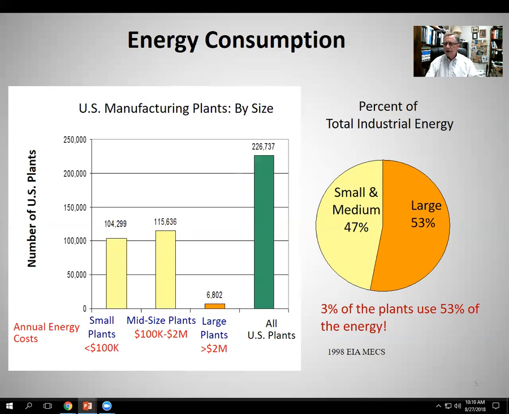That's 1998. But you see those little over 6,800 plants use 53% of the energy. So if you want to address energy conservation and make a big impact, what this says is that you need to address the big users first. And DOE has done a lot of that in the past and continues to.